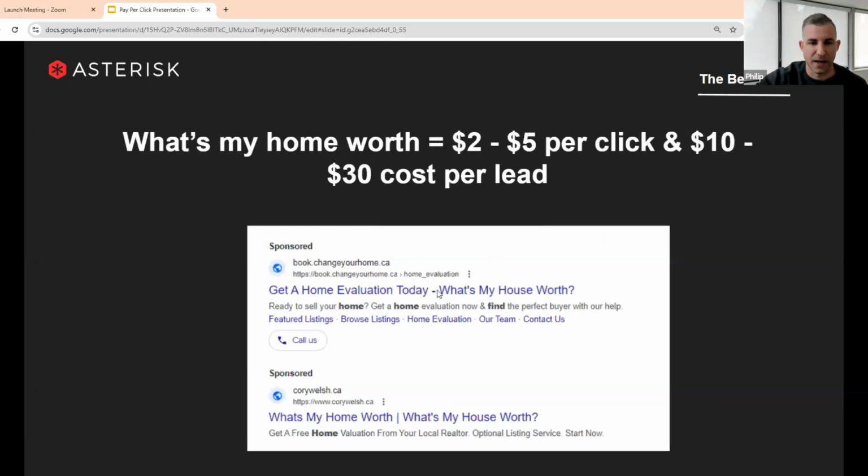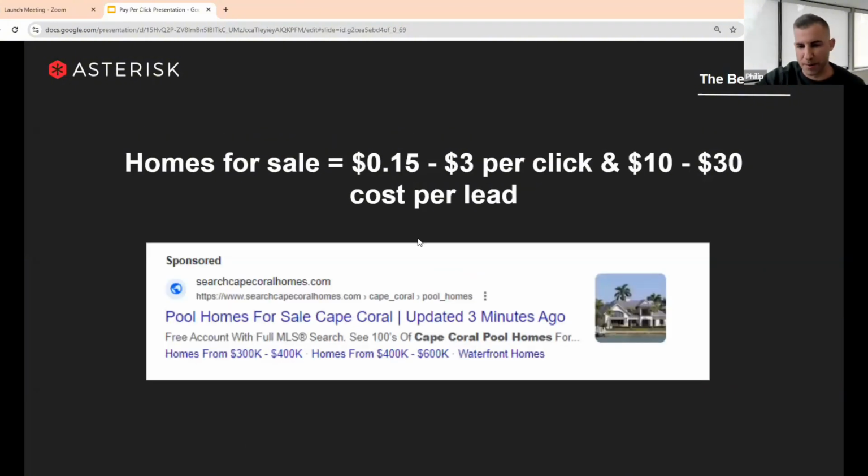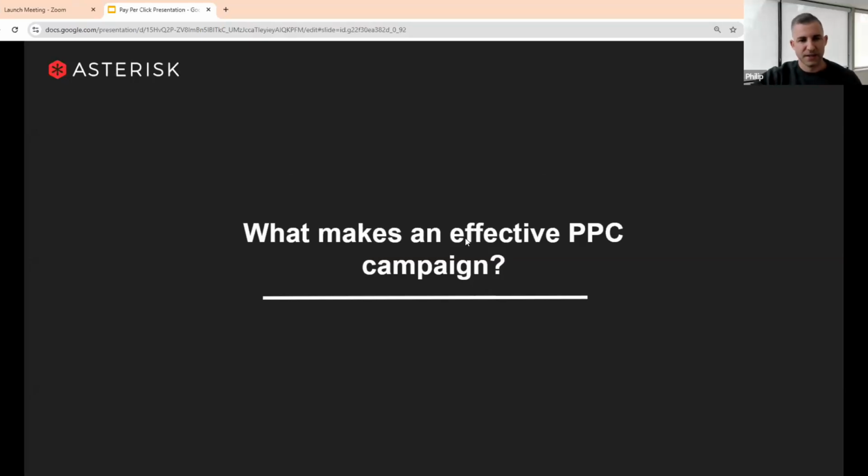So these are the seller type keywords, generally $2 to $5 per click, $10 to $30 per lead. And then this is one of the more popular campaigns that you'll see most people run because of, again, the volume, this kind of buyer, and that can range from $10 to $30 per lead. Again, these are approximates, can be different depending on where you are in the market.